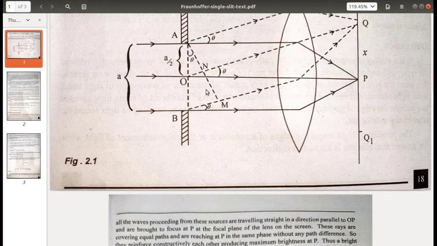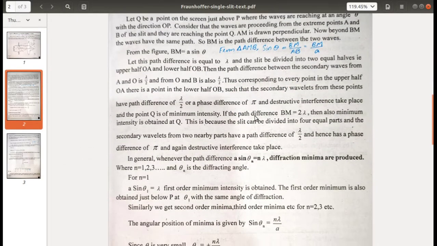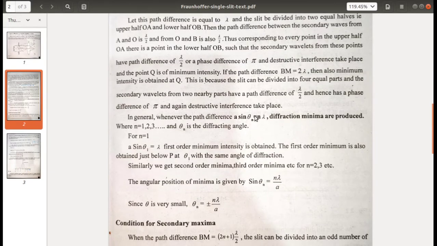The path difference lambda by 2 corresponds to a phase difference pi, that is, a 180 degree phase difference. So a wave reaching from here and a wave reaching from here will be 180 degrees out of phase. What will happen when they reach here? These 180 degree out of phase waves will interfere destructively. So we will get minima at that point Q. So the point Q will be of minimum intensity.